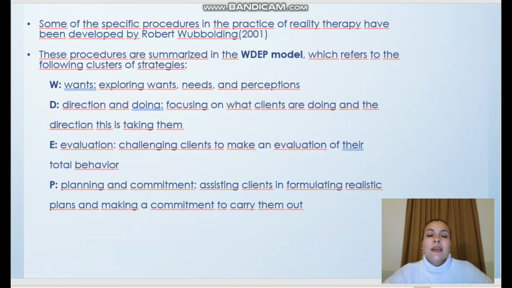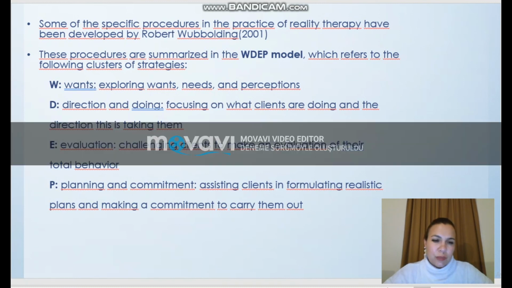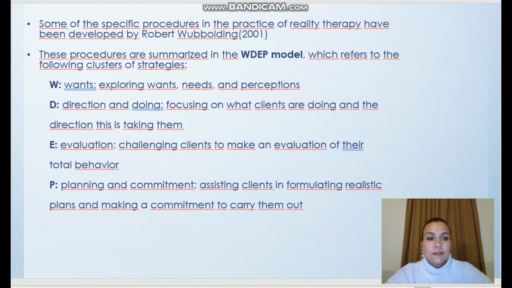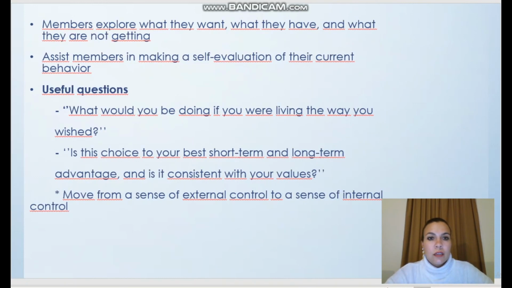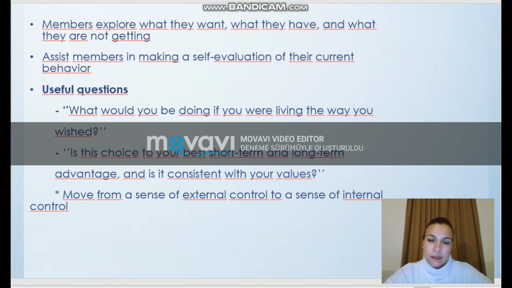They will challenge clients to make an evaluation of their total behavior, giving responsibility to themselves, etc. And also they will assist their clients to make plans to reach a goal which was set ahead. To sum up, members explore what they want, what they have, and what they are not getting. And members are assisted in making a self-evaluation of their current behavior, and there are some useful questions.